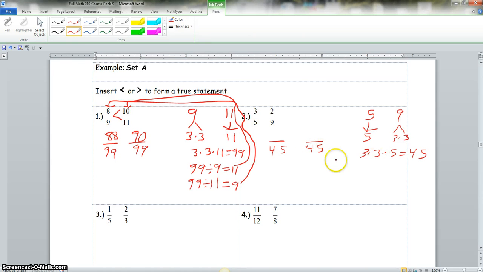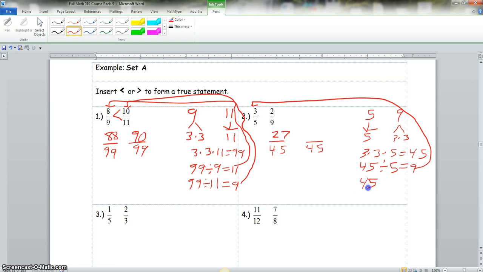So now we do like we did in the other problems. We would take the new denominator divided by the old denominator. So it would be 45 divided by 5, which is 9. So we would take this 9 and multiply it by this 3. 9 times 3 is 27. So we take the new denominator divided by the original, which here is 9. 45 divided by 9 is 5.